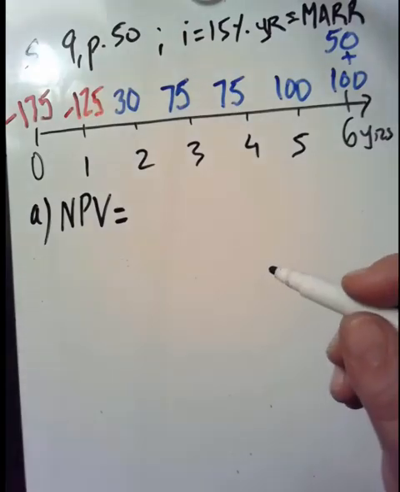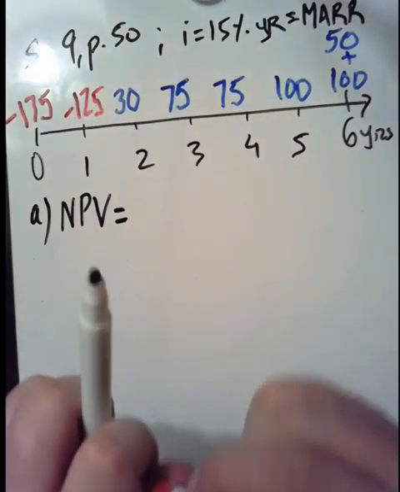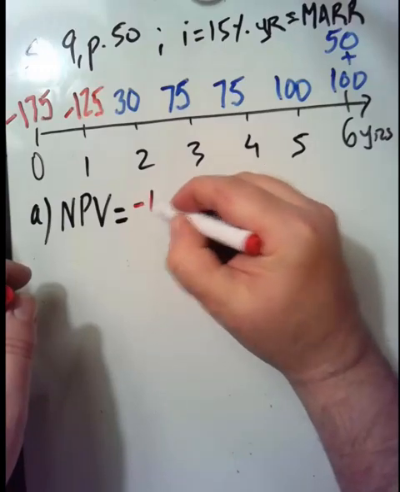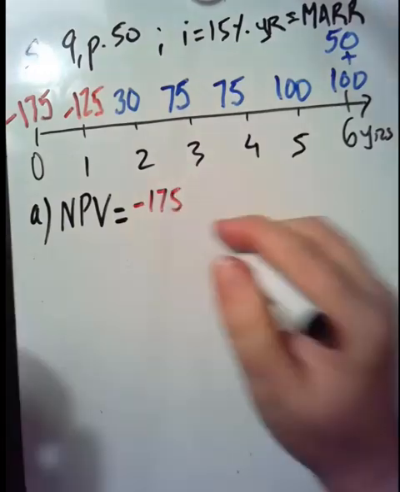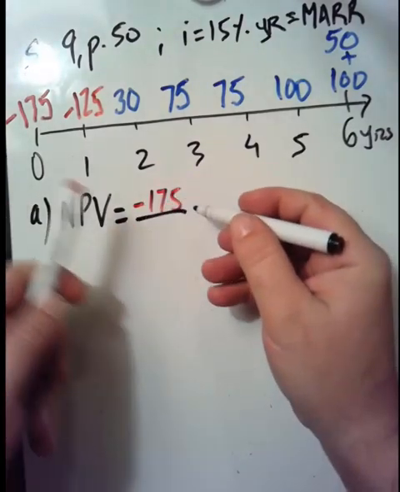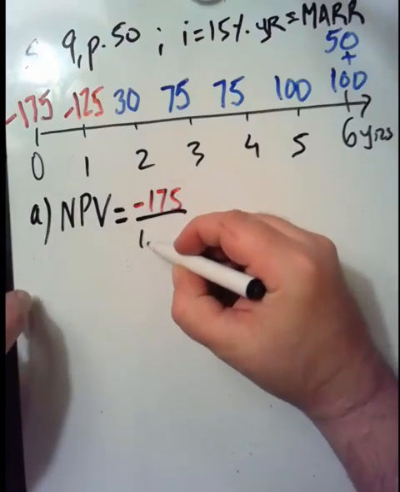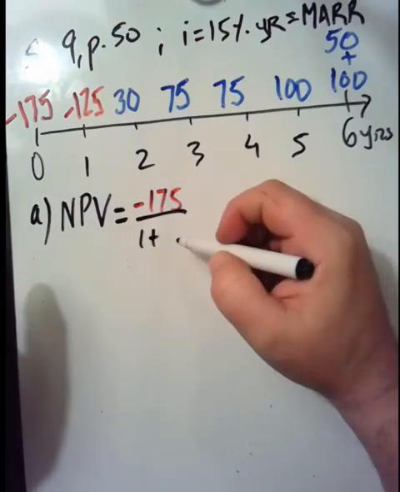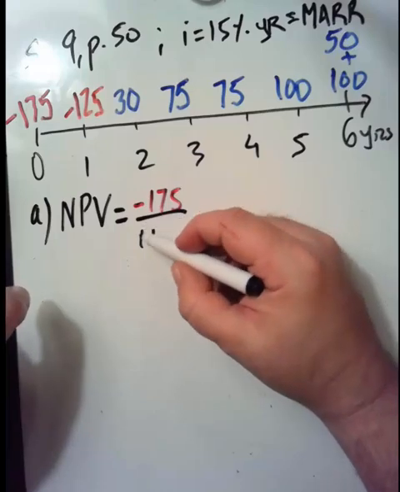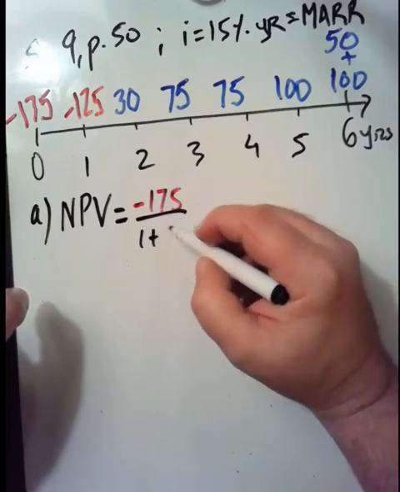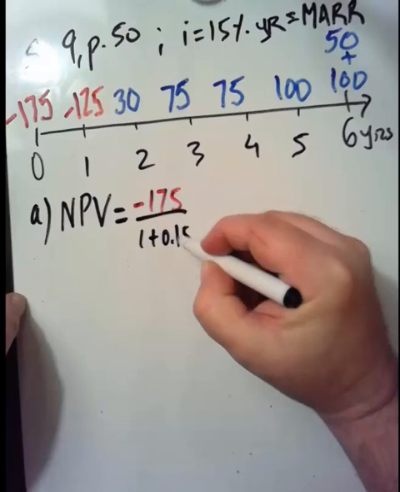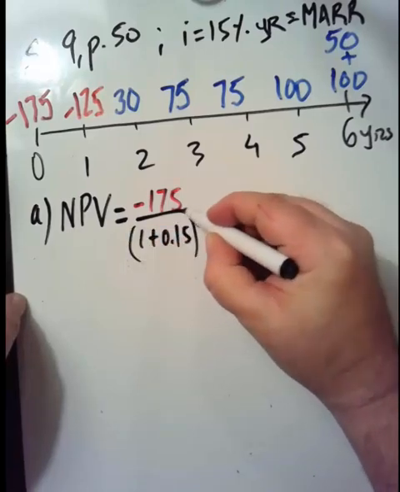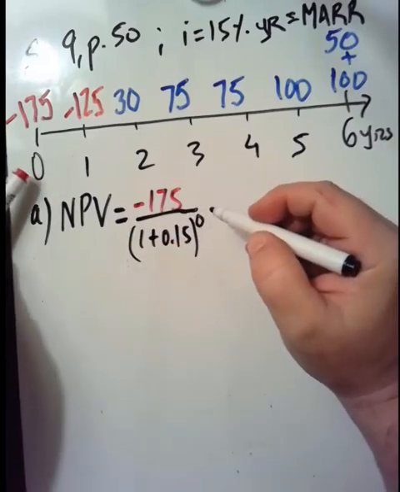So we're going to discount the first cash flow using the mother of all formulas. This one will be 175 itself, but for the sake of having it here explicitly, it is 175 divided by 1 plus the interest rate to the power of n, the interest rate being 15% and n being 0 because it's happening at time 0.